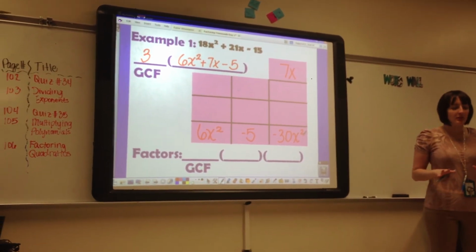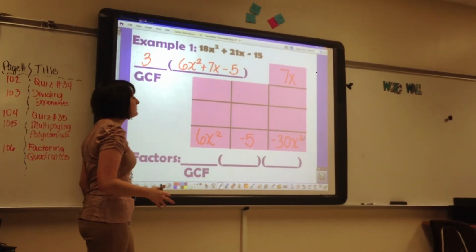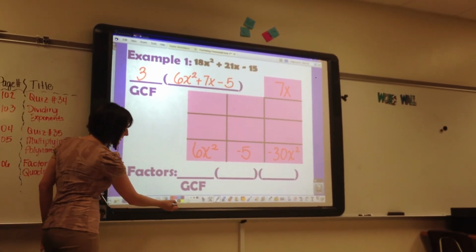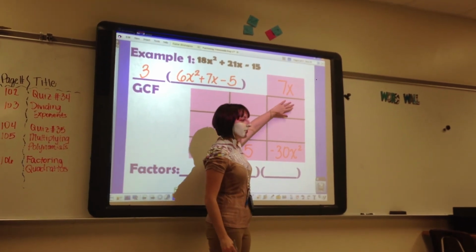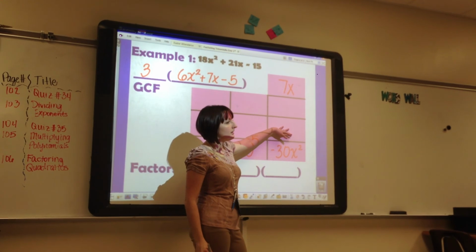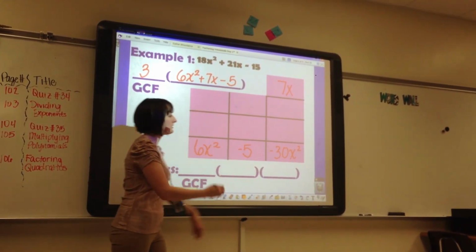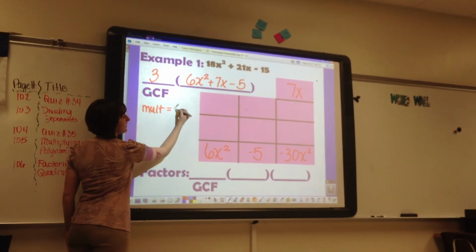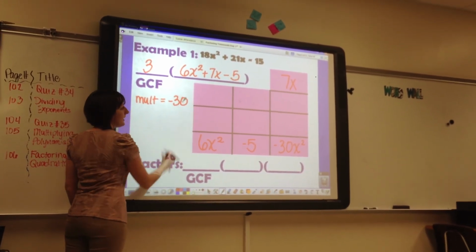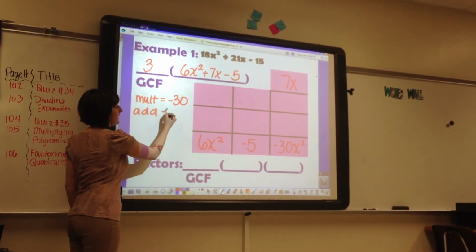Here comes the toughest part of this box. It's not that bad, but it can be kind of confusing. So you need two numbers for number 5 and number 6. Those two numbers have to multiply to get this box. So we need them to multiply to equal negative 30, and they have to add to get 7.